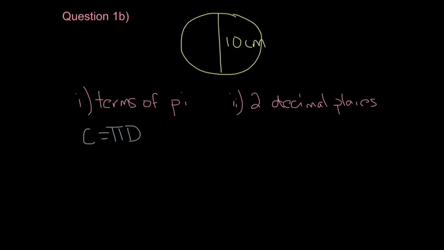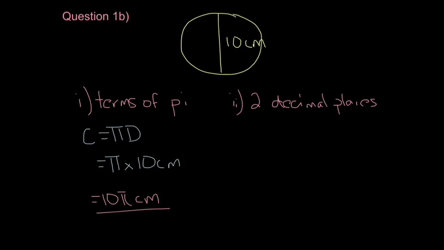In this case the diameter is 10, so we're doing pi times 10 centimeters. Now the book wants us to answer in terms of pi, so we really can't do much with that. We just got to rewrite it so it looks like this: 10 times pi with our units at the end, centimeters. That's all we have to do for that.